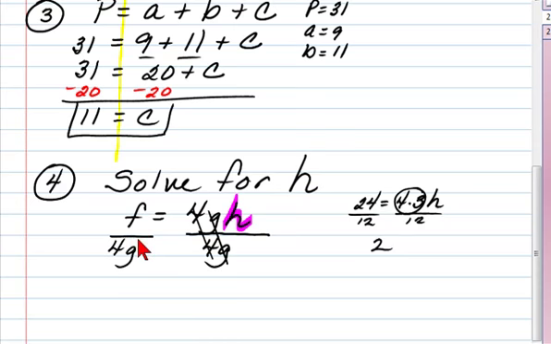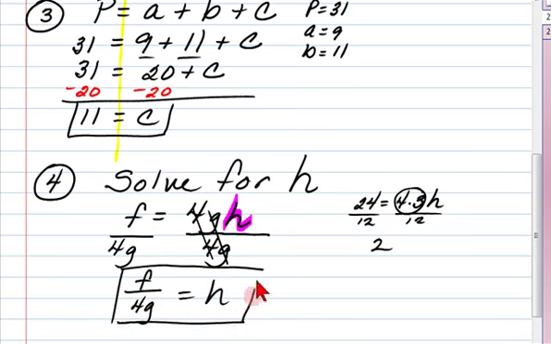Well, I have no idea because I don't know what f and g stand for. Well, treat it like you would any improper fraction that you can't divide. Leave it. F over 4g is h. And what you've done is you've reorganized the formula so that now instead of it saying f equals, now it says h equals.